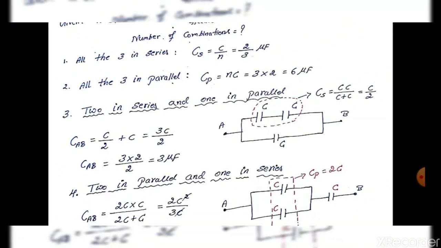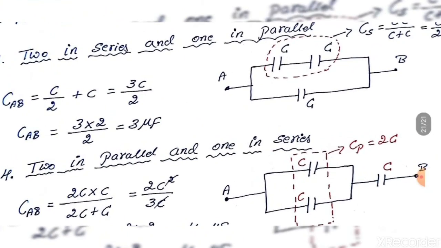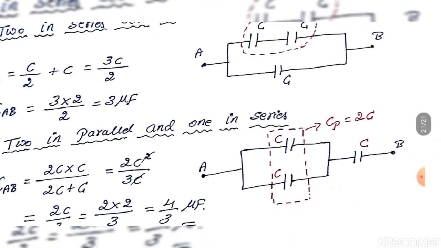Next combination is, you can take 2 in parallel and 1 in series. See here, the 2 capacitors came in parallel, the dotted line boundary. So CP means C plus C, that is 2C. You can add.